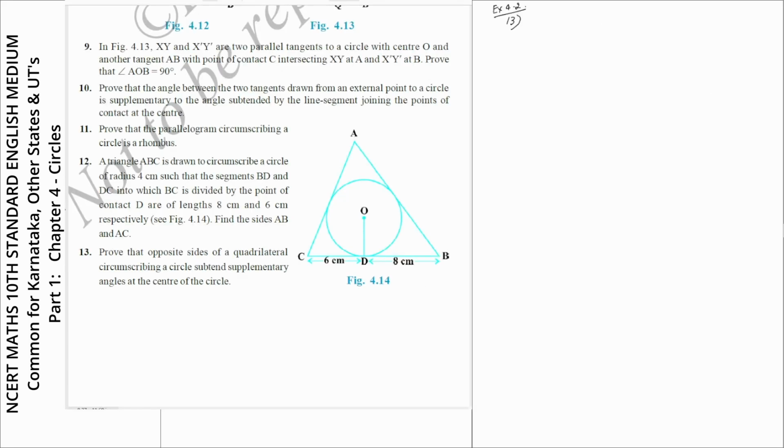Question number 13. Prove that opposite sides of a quadrilateral circumscribing a circle subtend supplementary angles at the center of the circle. So this is a circle and a quadrilateral.